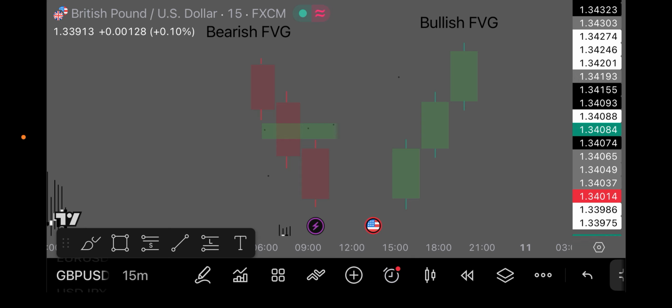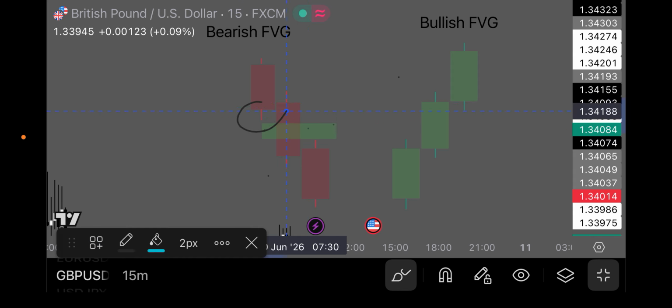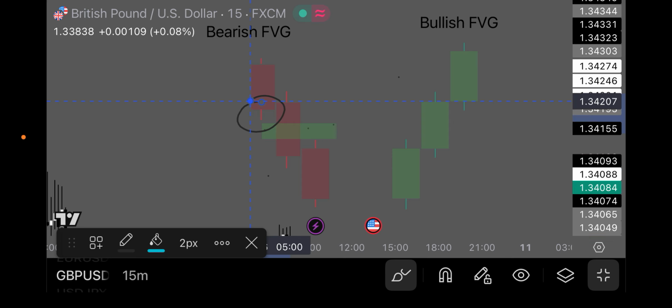You understand? That is known as a bearish fair value gap. This here is the lowest point of the first candlestick, and this here is the highest point of the third candlestick. As you can see, I mapped out the distance between them.